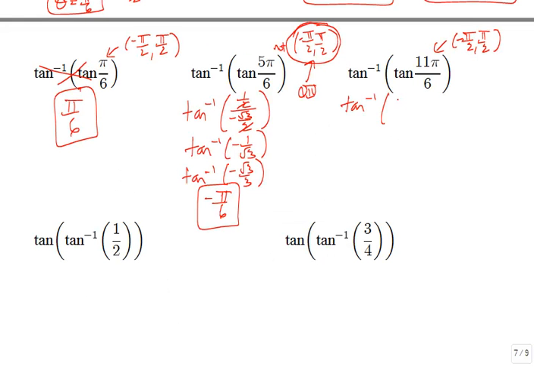So this would be negative 1/2 for the y, root 3 over 2 for the x, so it's that inverse tangent of negative 1 over root 3 again, just like these other problems. So we know this is a pi over 6 angle, but because it's negative, I want the equivalent angle of pi over 6, but in quadrant 4, lying between negative pi over 2 and pi over 2. So it's that negative pi over 6 again. So these are the same final answer, even though we started with different inputs.